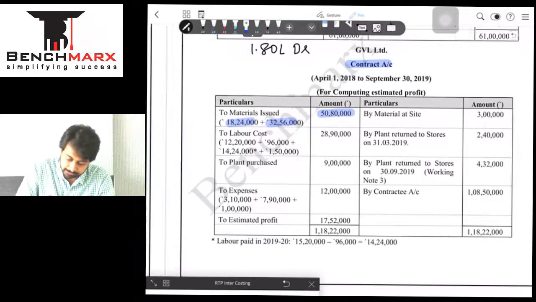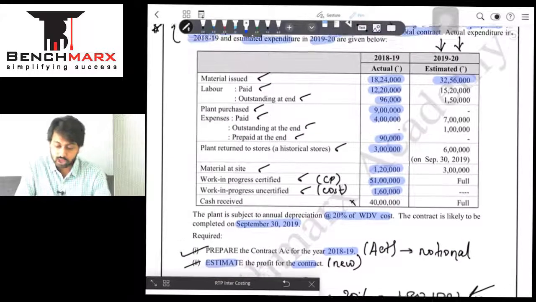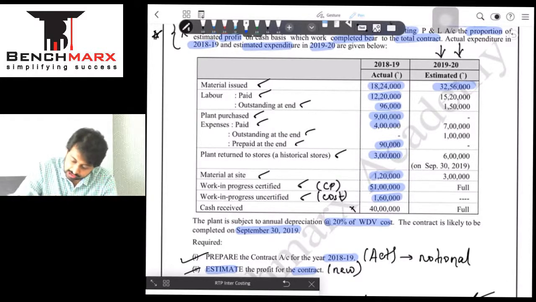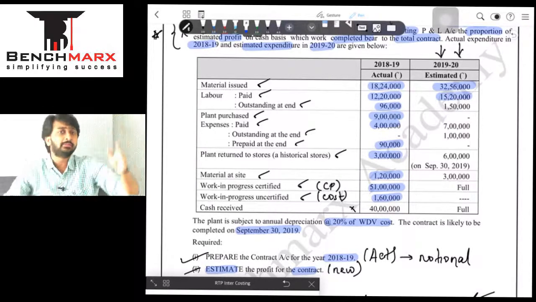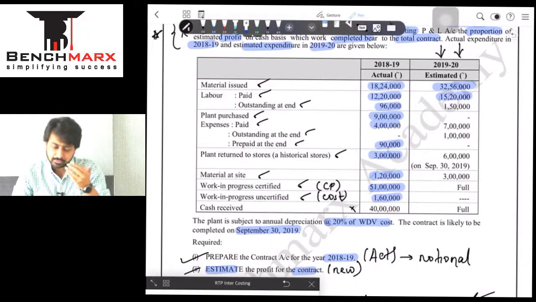ठीक है, आगे बढ़ेंगे. Then we have labor. Now labor paid is 12,20,000, ठीक है, out of which outstanding is 96 and then next year we are paying 1520. बराबर. Now तुमने चैप्टर किया होगा अपना NPO का, either in the foundation or in your inter studies.